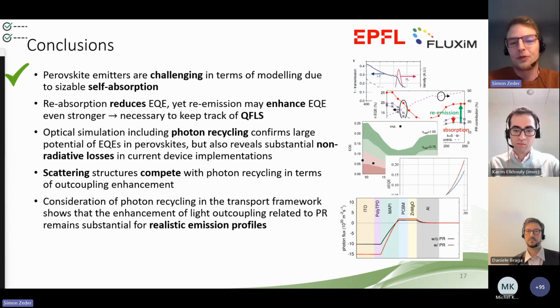However, especially in terms of reabsorption, because it's a similar effect as Karim mentioned in a laser diode, you actually care about the guided modes, right? Because this can be reabsorbed in your perovskite and re-emitted. And we see that especially these modes as well as evanescent modes are the ones which are mostly affected by the aluminum electrode if you have emission within your perovskite.